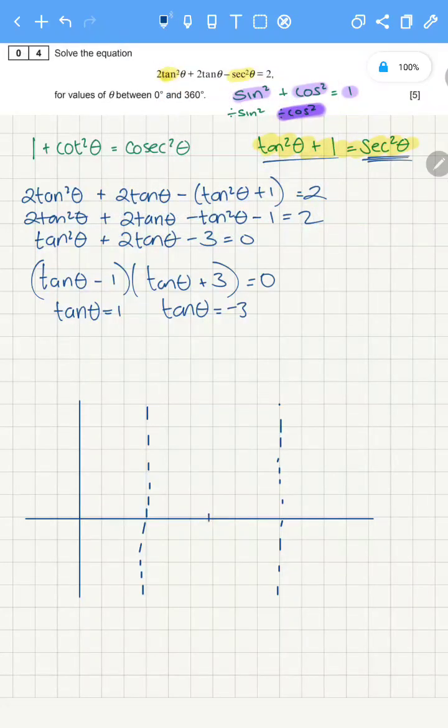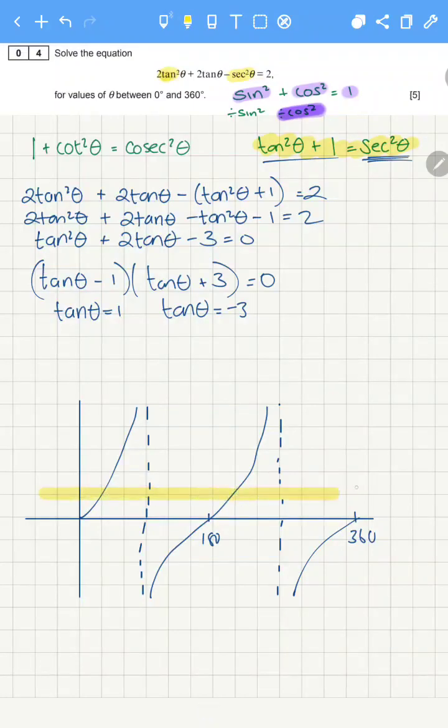We'll mark 90, 180, 270, 360. The graph is going to look like this. There you go, that's the tan graph. And we've got tan equals 1. Well, tan equals 1 is likely to be here, across there.